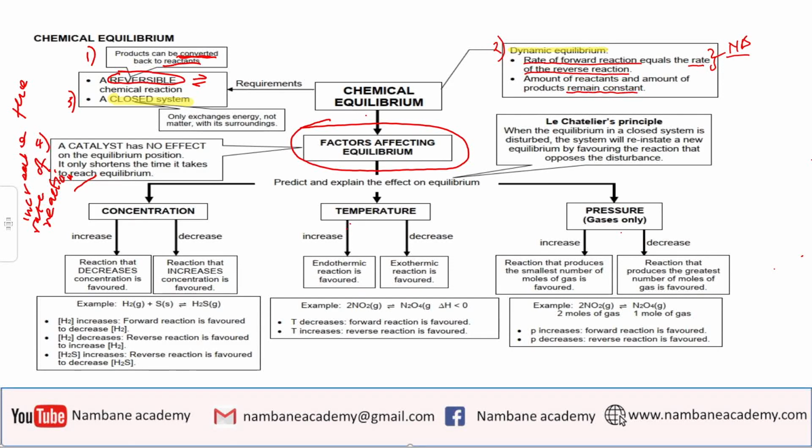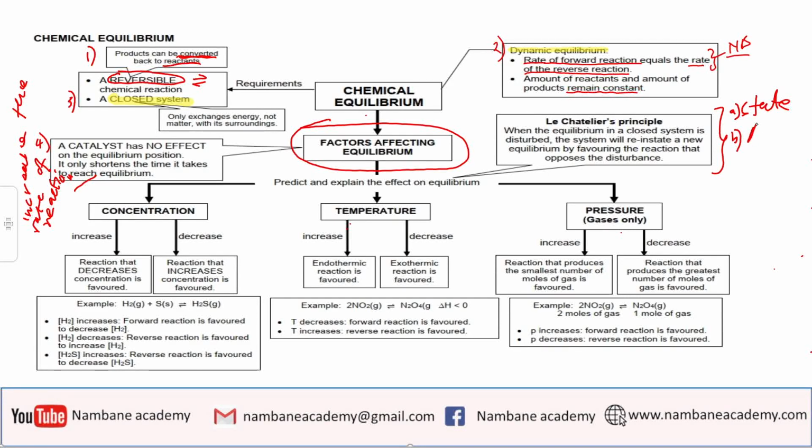But the examiners are going to expect us to explain these factors that affect chemical equilibrium in terms of the principle of Le Chatelier. Previously, it was expected of us to apply only, but it's best to say we (a) state, and (b) apply, because I have seen a question where we're asked to state Le Chatelier's principle.